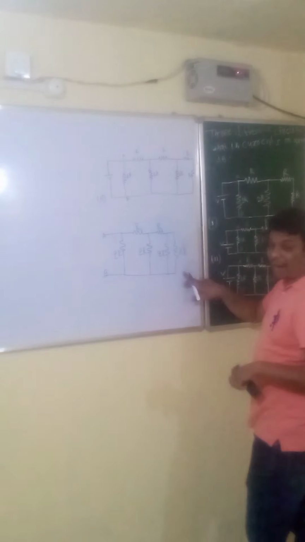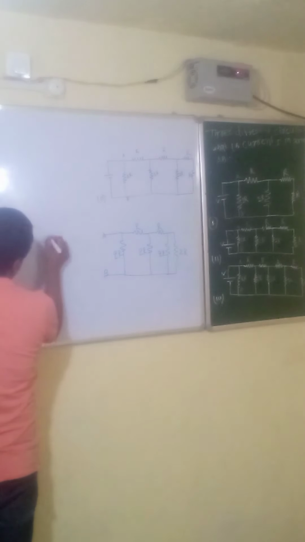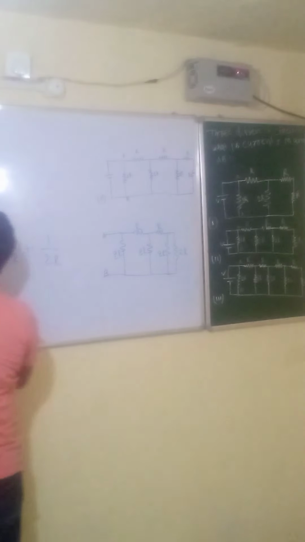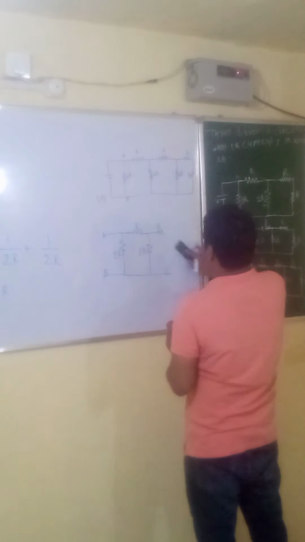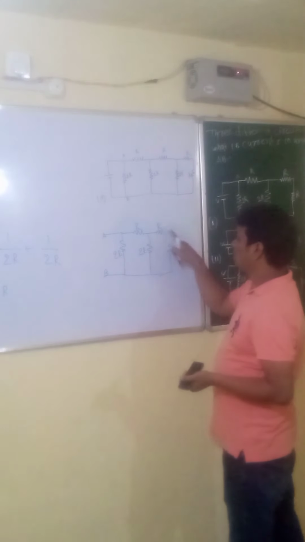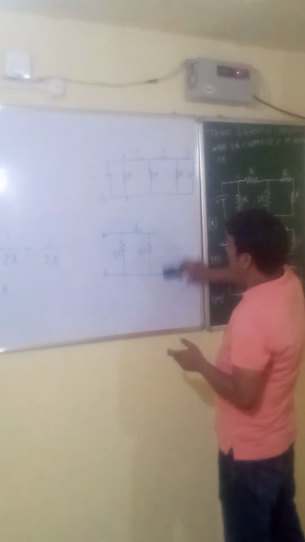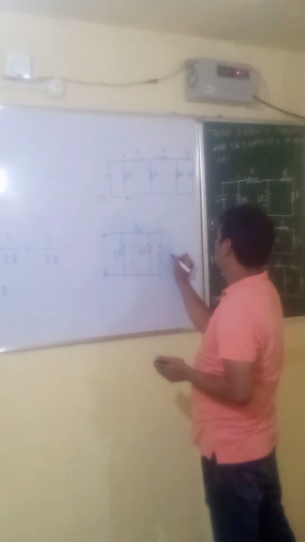Then they are in parallel, so R equivalent is equal to R. Again, we replace these, and we get the equivalent resistance 2R.